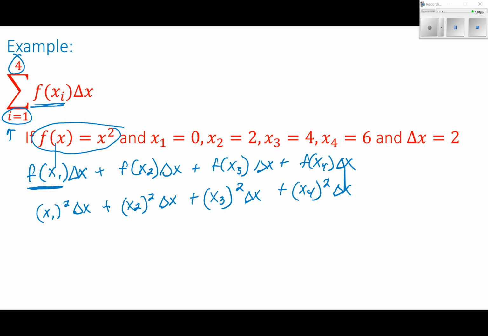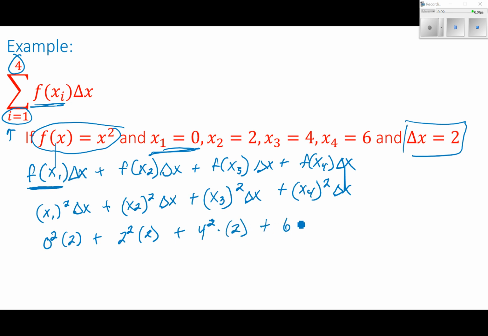Now I can start filling in numbers. Well, I know x sub 1 is really 0, so this is 0 squared times delta x, and delta x I know is 2, so this is 0 squared times 2, plus x sub 2. x sub 2 is 2, so 2 squared times 2, plus x sub 3, which is 4, so that's my 4 squared times 2, and then x sub 4 is 6, so this is 6 squared times 2.